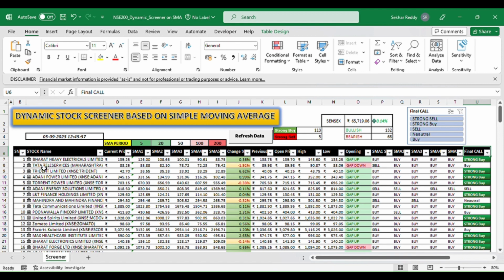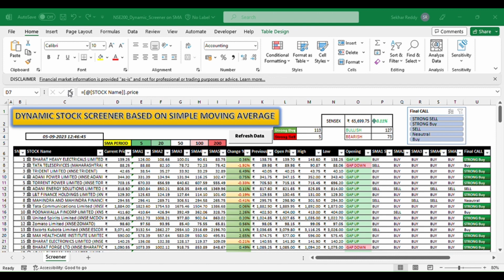Here we get real-time data, which is dynamic in nature. If you want to update the data, simply click on refresh data, and it would have the latest prices in our list. Let me go ahead and compare with the real-time values.